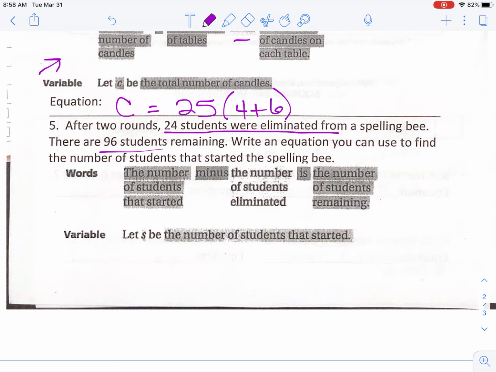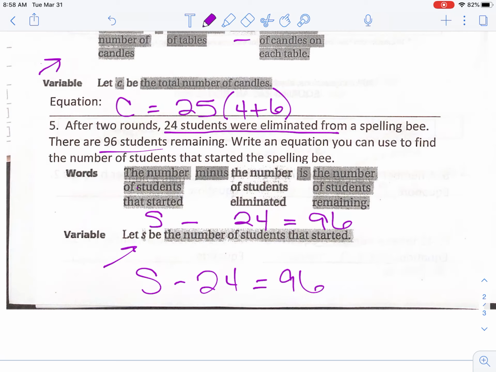And so it says the number of students started, we're going to let S be that variable, minus the number of students that were eliminated. There were 24 eliminated, and there are now 96 remaining. Okay, so the number of students, 24 were eliminated, now there's 96.